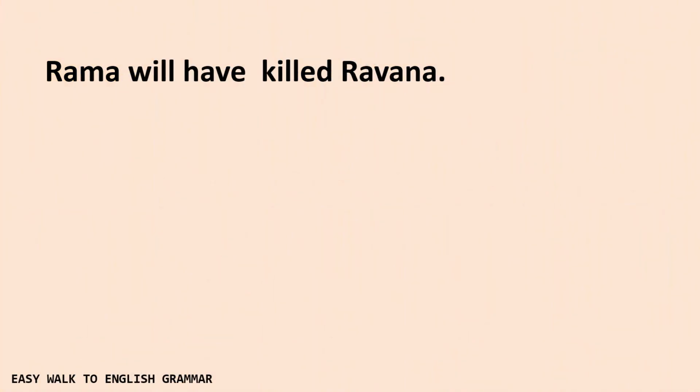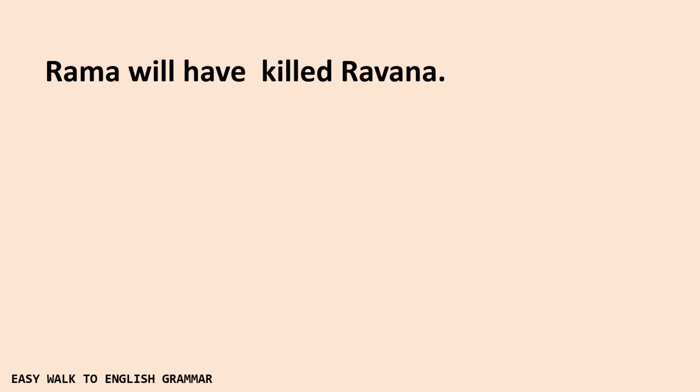See, in this sentence, we have used have after the modal auxiliary. Rama will is a modal auxiliary. After the modal auxiliary, we used have, and after that, we used killed. That is the past participle form of the verb.